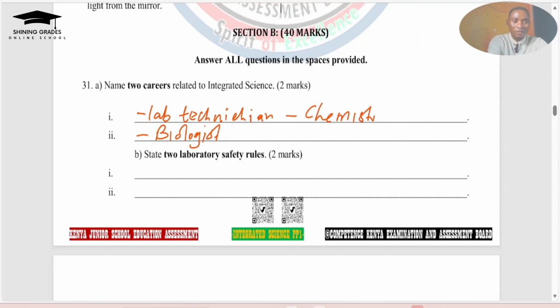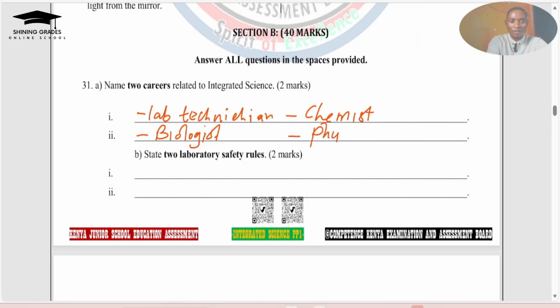A chemist can be a physicist. A physicist can be an environmentalist, and more other careers related to integrated science. Can also be a science teacher and more other careers.